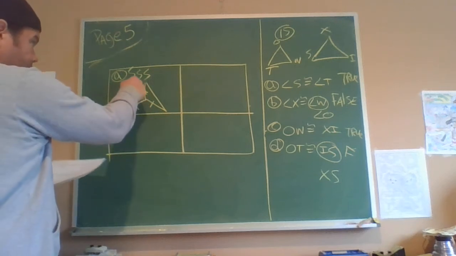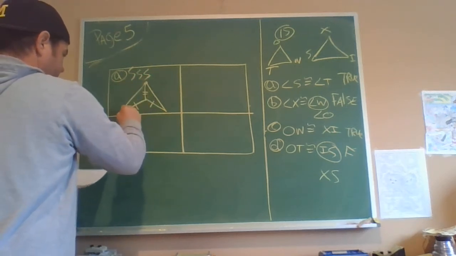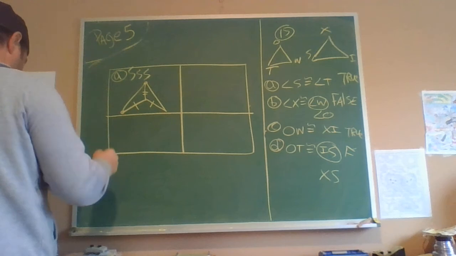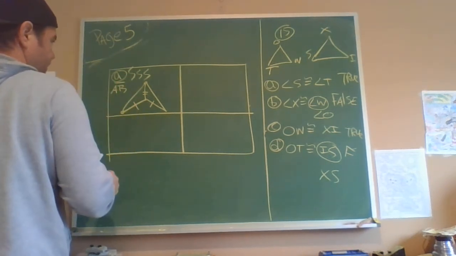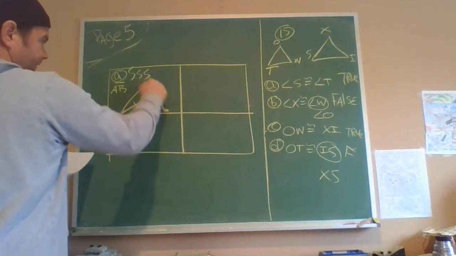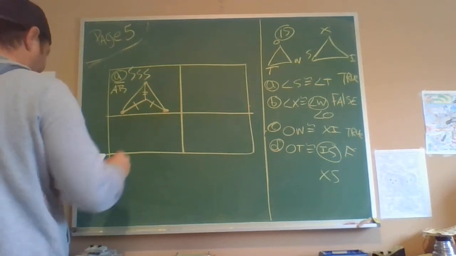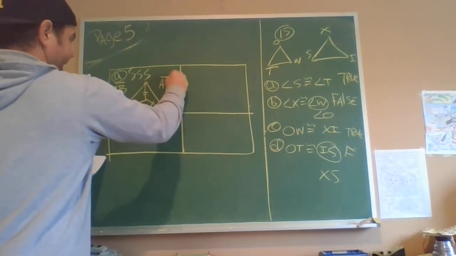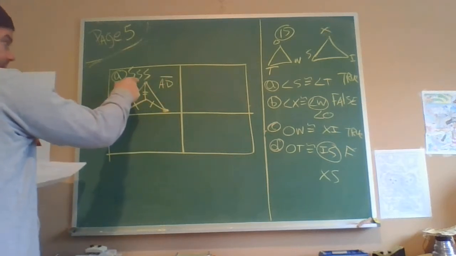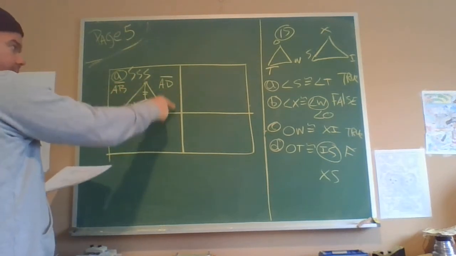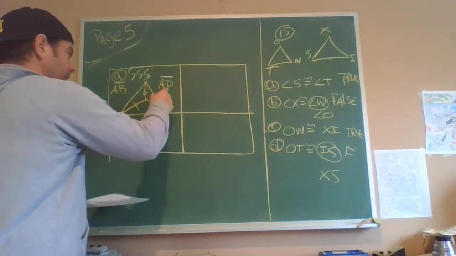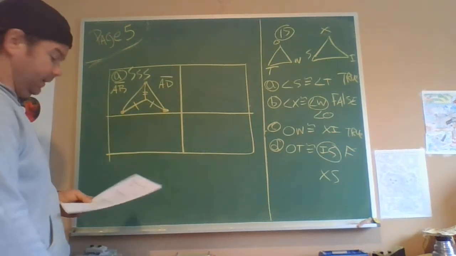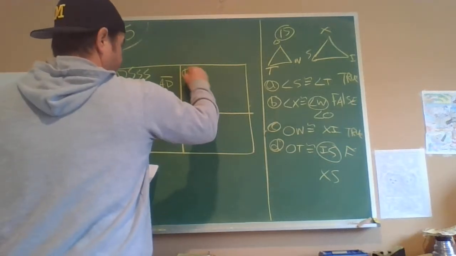So the last bit, if we're going to use side, side, side, would be this side, which is AB, would have to be congruent to this side, which is AD. So AB would need to be congruent to AD. That's part A.